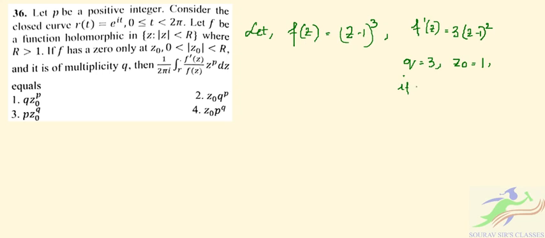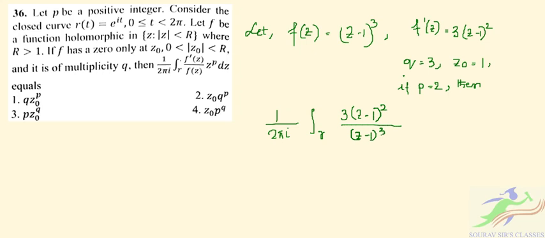If we take p equal to 2, then we can write 1 by 2 pi i integral of 3 (z minus 1) whole square by (z minus 1) cube, times z square dz.